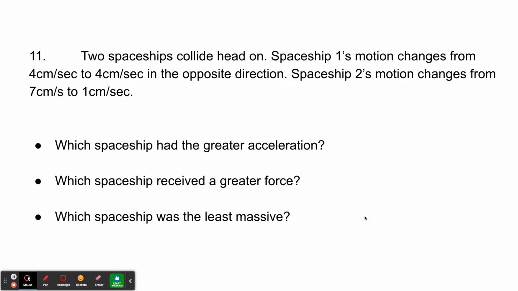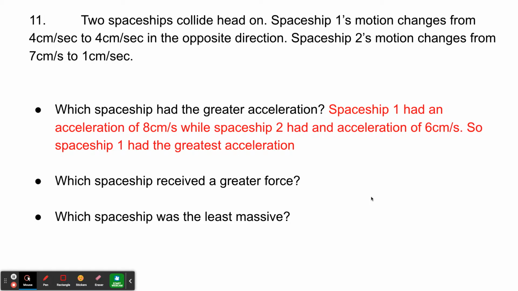Finally, this goes kind of to our boxes question in class. Two spaceships collide head on. Spaceship one's motion changes from 4 centimeters a second to 4 centimeters a second in the opposite direction. Spaceship two's motion goes from 7 centimeters per second down to 1 centimeter per second. Which spaceship had the greater acceleration?